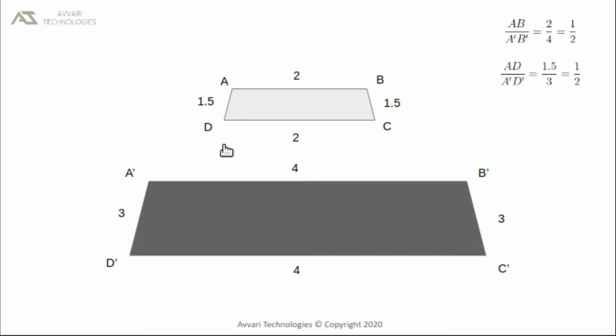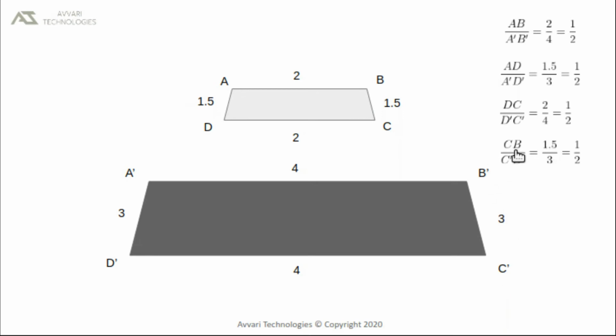Now let us see the length of DC divided by the length of D dash C dash. The length of DC is 2, the length of D dash C dash is 4. If we simplify this, the ratio is 1 by 2. Finally, the length of CB divided by the length of C dash B dash.